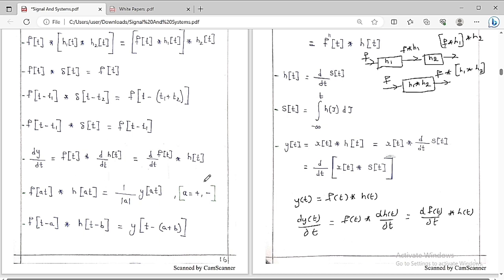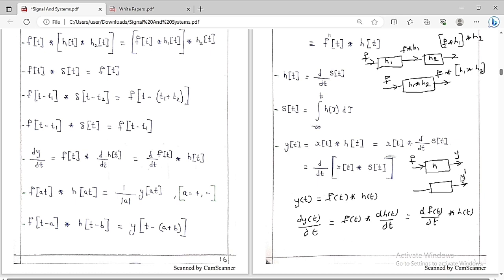Suppose for a given system, the input is f of t and the impulse response is h of t, then the output you get is y of t. Listen carefully. Suppose you take another system, for which I want the output to be y dash of t, the derivative of the previous response.